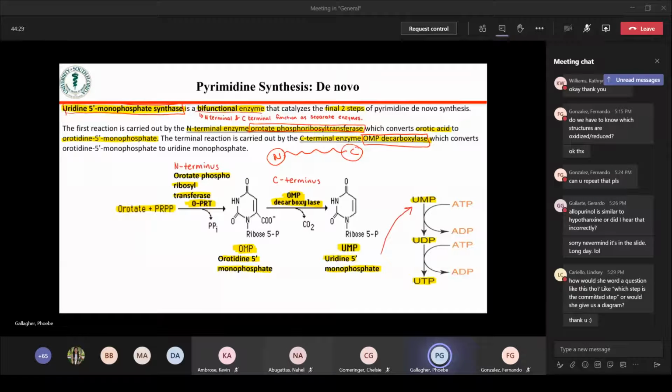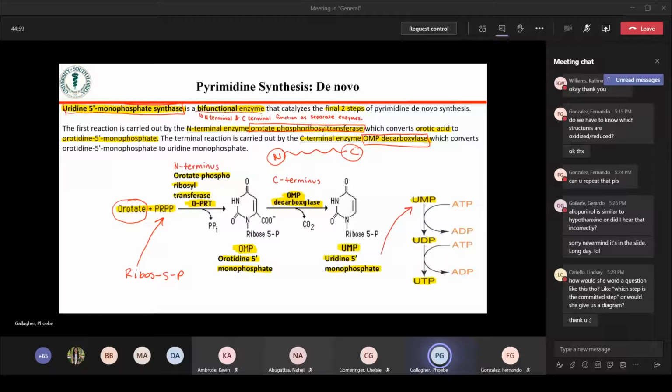So here you have your orotate, which you made in the last step. You're going to now add your PRPP from the ribose 5-phosphate, and that's going to contribute your sugar group. Note that with pyrimidine synthesis, unlike purine synthesis, your PRPP is added way later on, unlike purine, which has it as the first step. This is important to differentiate between the two.